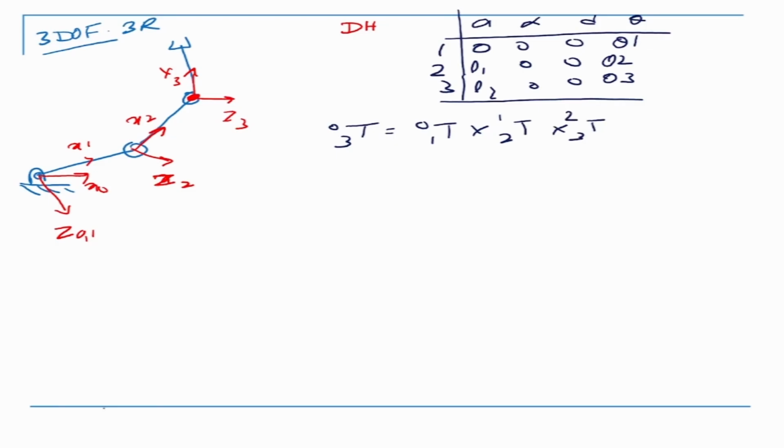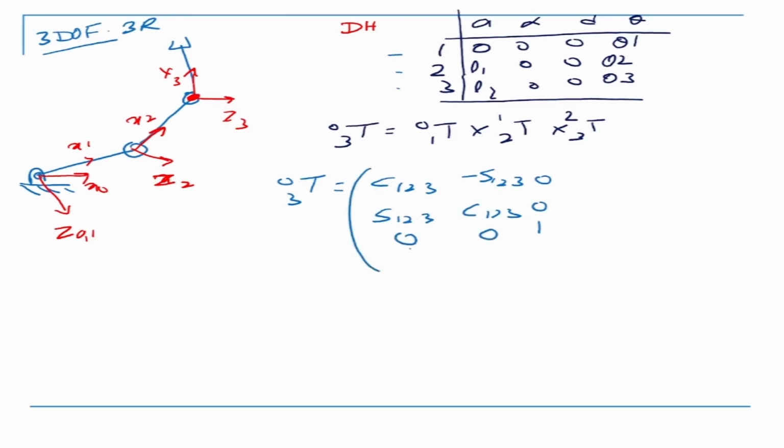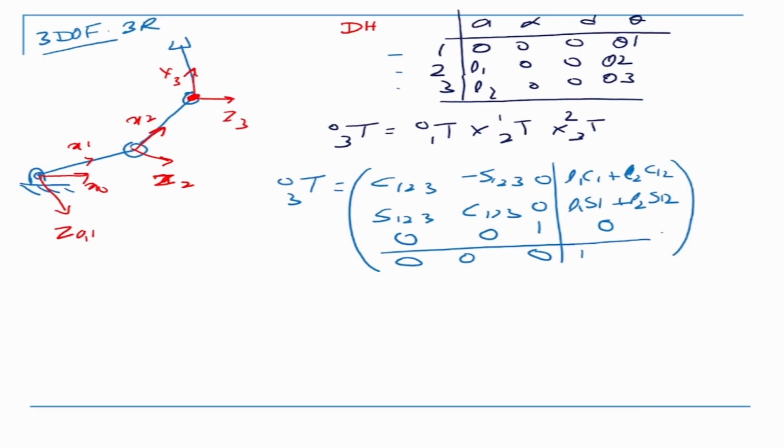When I make these matrices, each one corresponding to one row of the table, and multiply them out, T0 to 3 is equal to cos(θ1+θ2+θ3), minus sine(θ1+θ2+θ3), sine(θ1+θ2+θ3), cos(θ1+θ2+θ3), then 0, 0, 1, 0, 0, and all 0, 0, 0 and 1, with L1 cos θ1 plus L2 cos(θ1+θ2), and L1 sine θ1 plus L2 sine(θ1+θ2), and 0. Now this is my matrix T0 to 3.